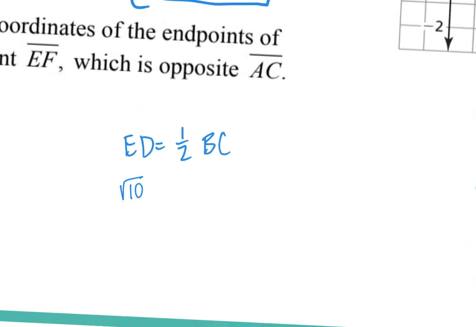So does the square root of 10 equal 1/2? And what was BC? 2 times the square root of 10. Are those equal to each other? No. Wait. What's 1/2 of 2? 1. So the square root of 10 equals, this 2 will cancel with this 2, the square root of 10.